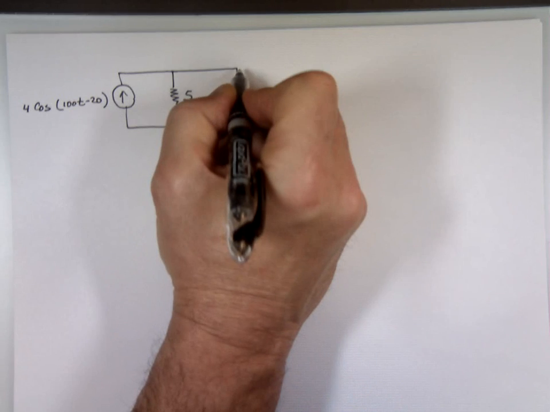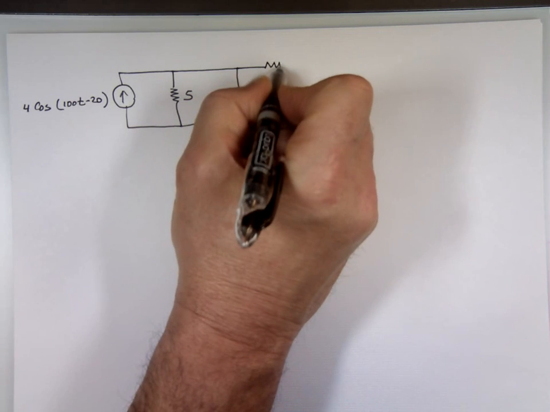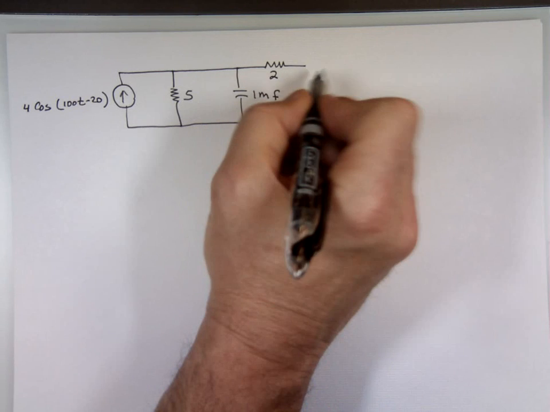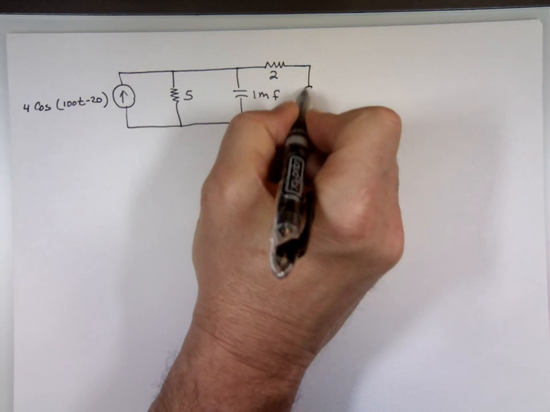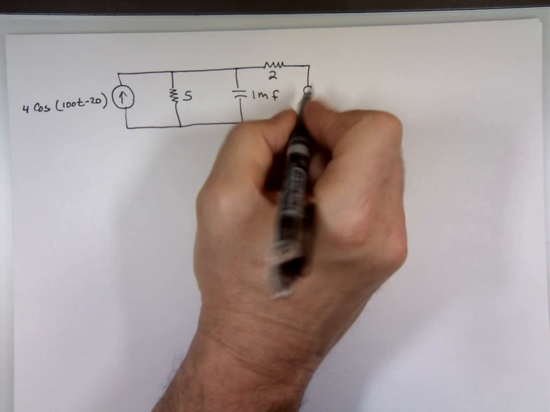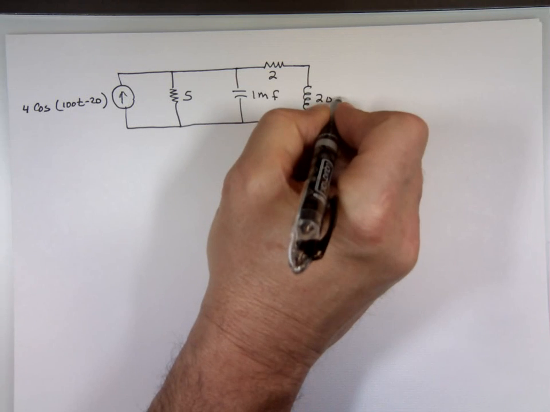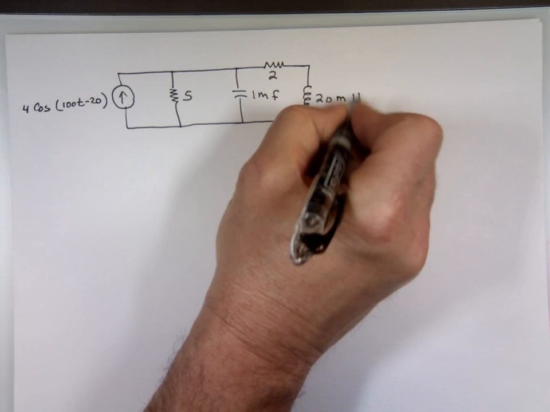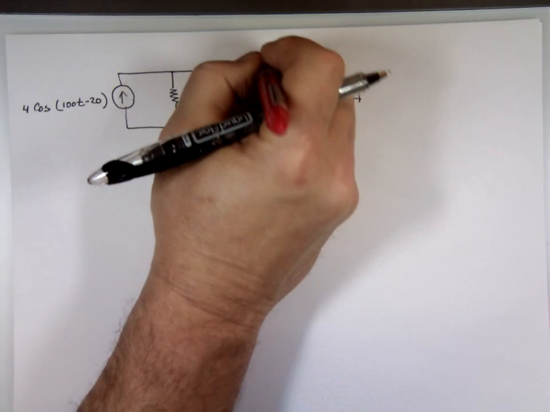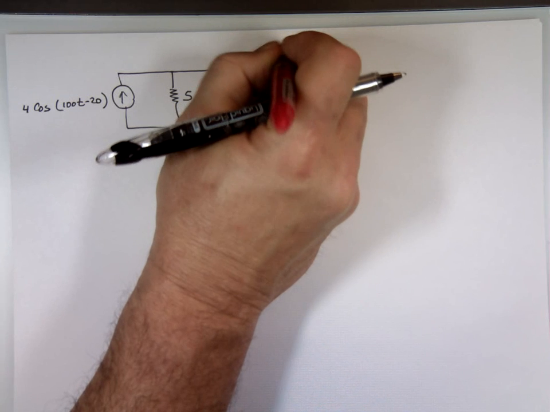We have another resistor up there of 2, and we have an inductor here of 20 millihenry. And the question is, can we find I of t, the current going that direction?